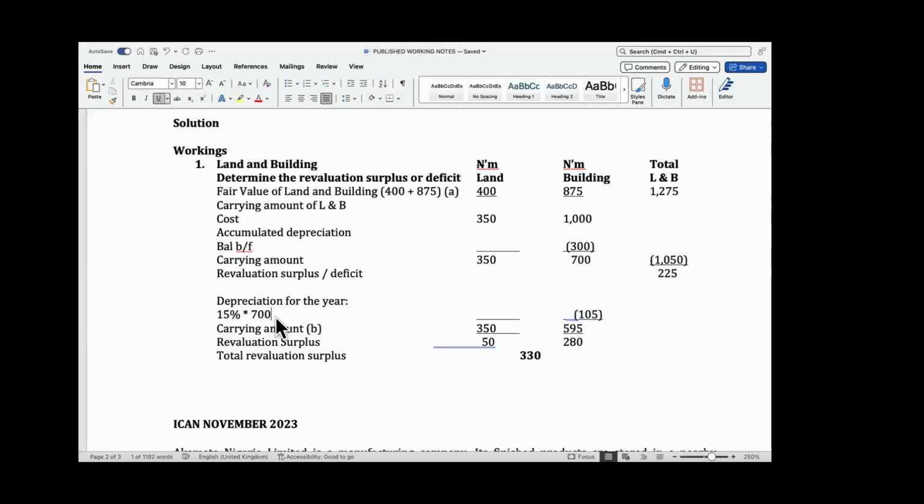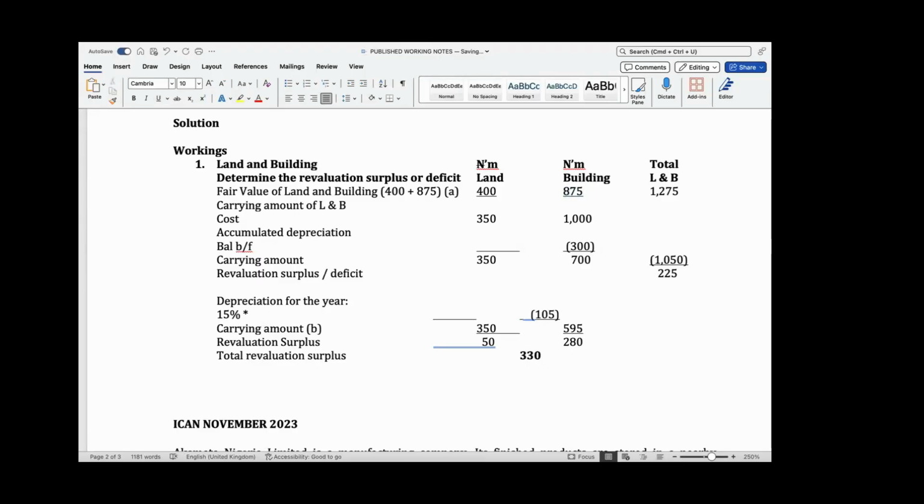So that means our depreciation for the year is actually 15% on 875, because this is the new value of the building, not this anymore. It is now 875.